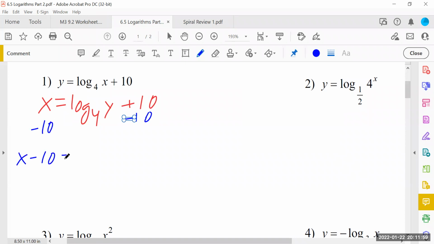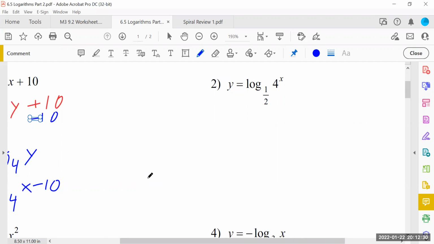X minus 10 is equal to log base 4 of y. So now the 4 comes down, 4 to the x minus 10 power, and that whole thing is supposed to equal y, whatever was inside the log. So y is 4 to the x minus 10 power. There's my inverse equation for that.